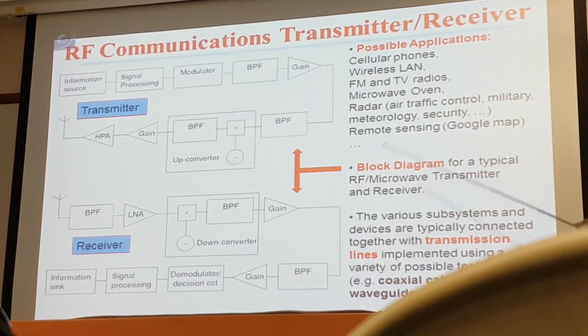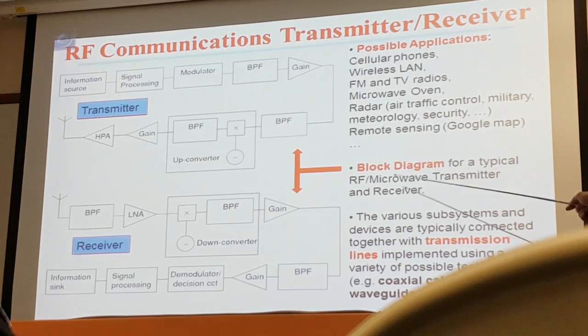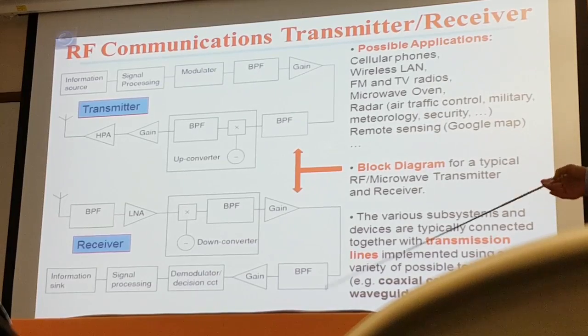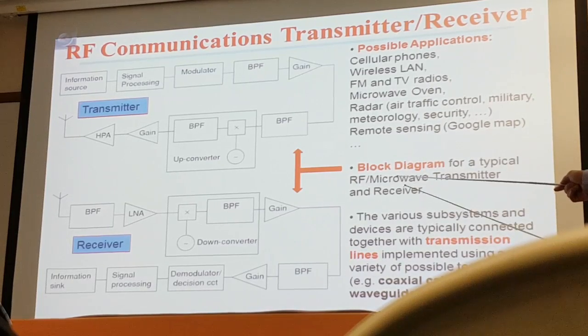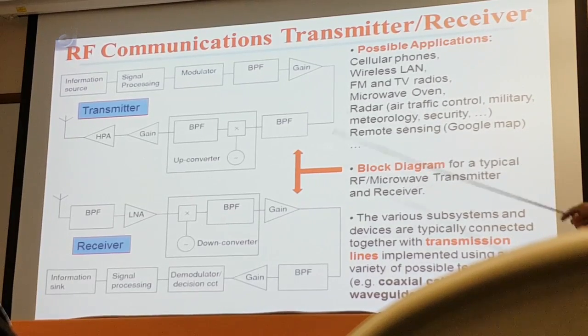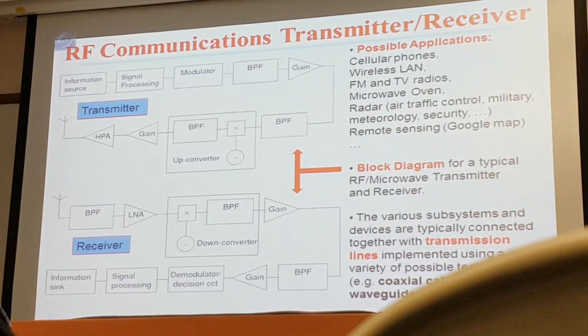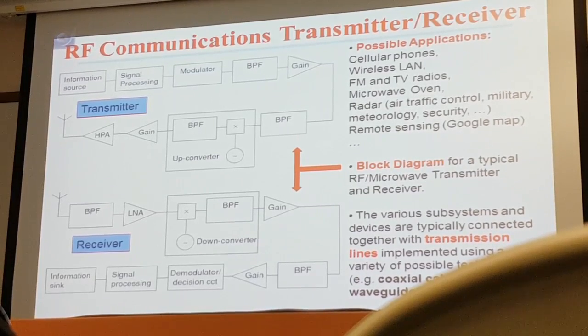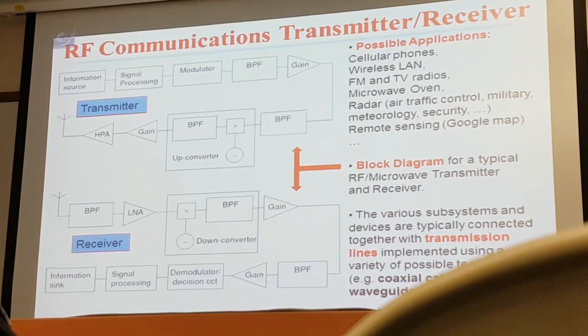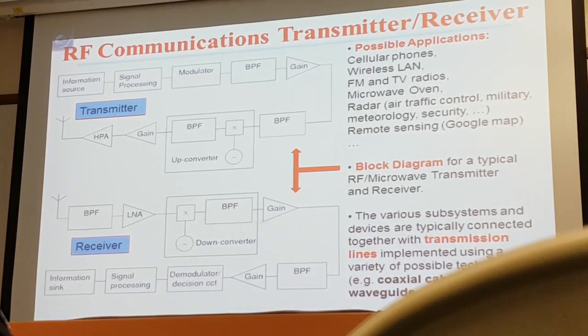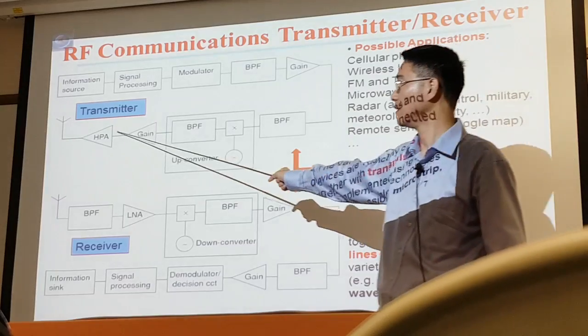Nowadays, for mobile phone and Wi-Fi, typically the distance is only a few 100 meters. For Wi-Fi, less than 100 meters. But for high power systems, for instance radar, the distance could be up to 100 kilometers, 1,000 kilometers. Then the transmit power should be very high.